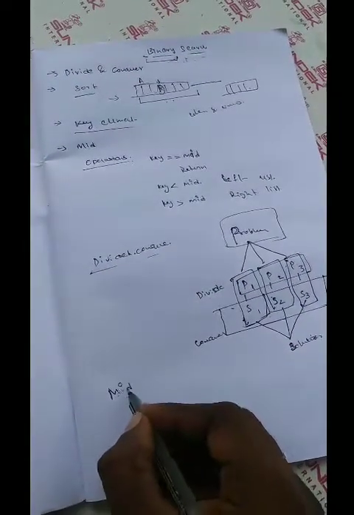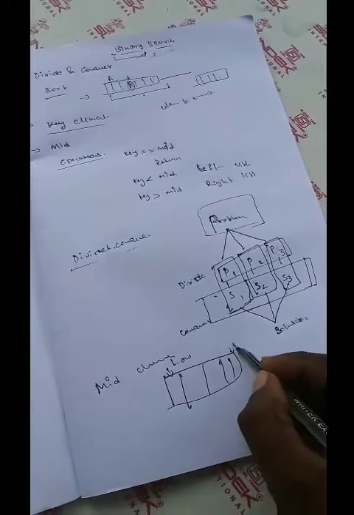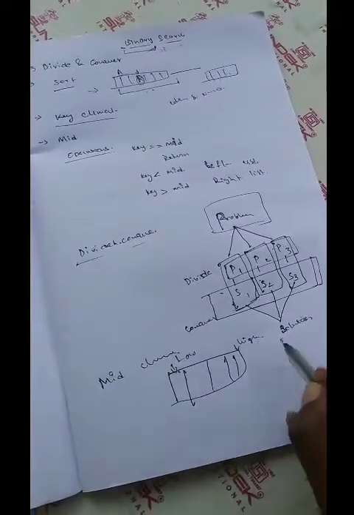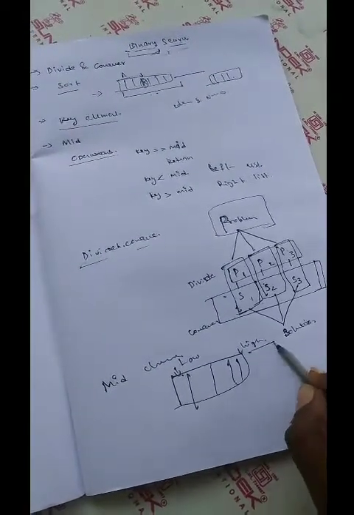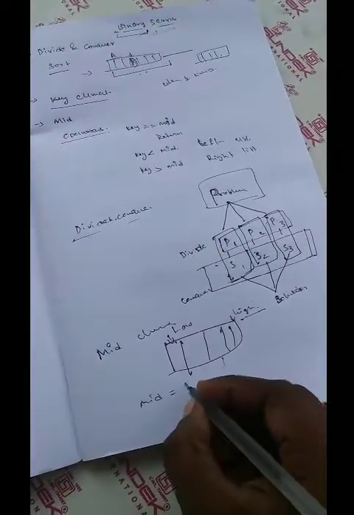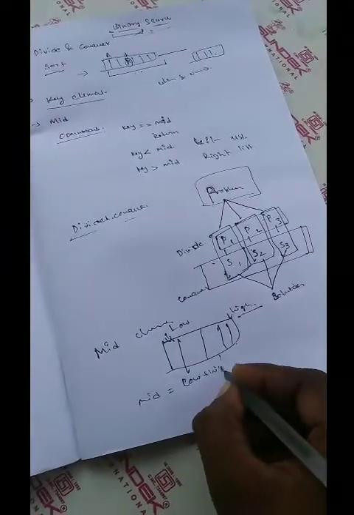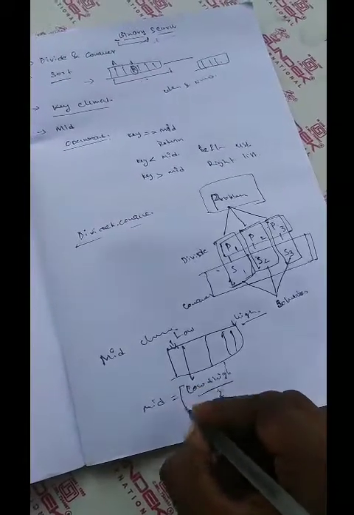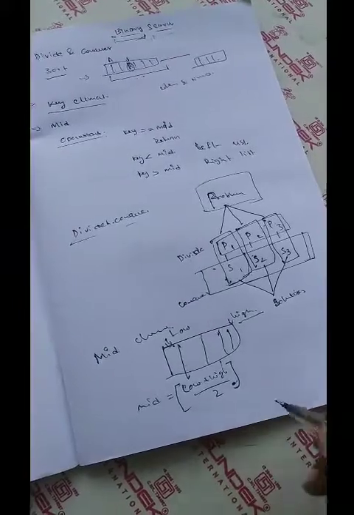The mid element is calculated by taking the given array of elements and applying the indexing values low and high. Low means the first element, high means the last element of the given array. The middle element is calculated using the formula mid equals low plus high divided by 2, and we apply the floor to whatever we obtain.